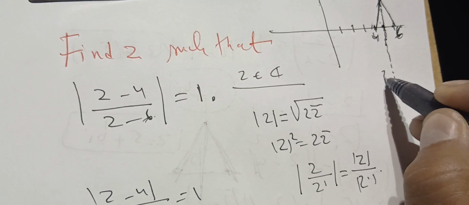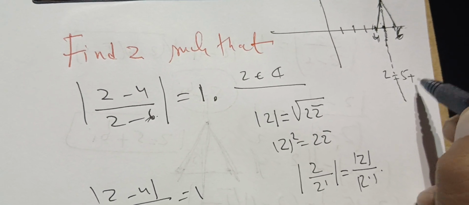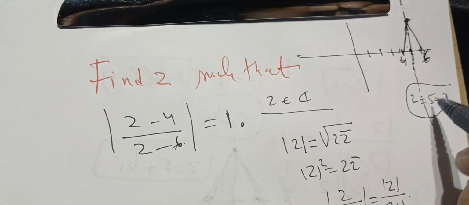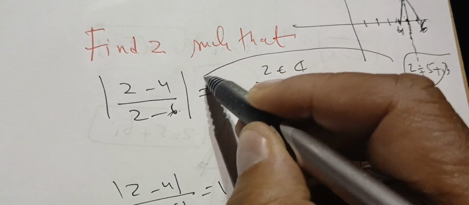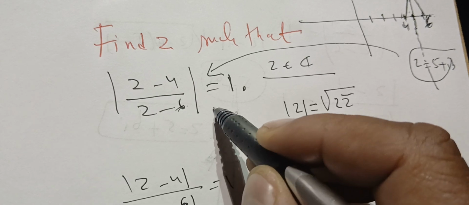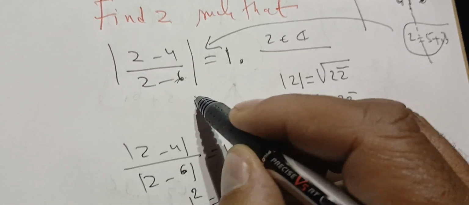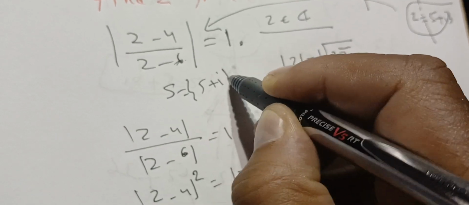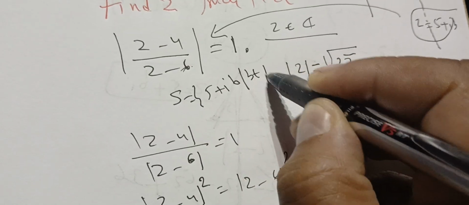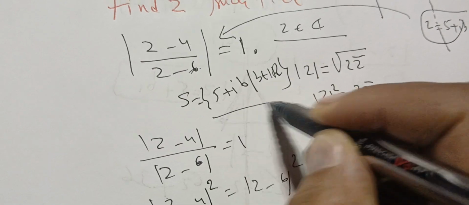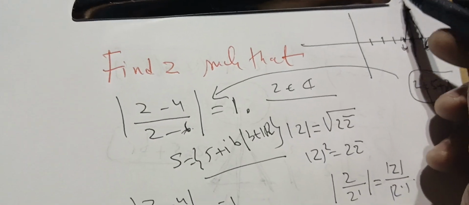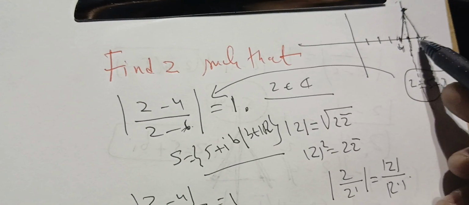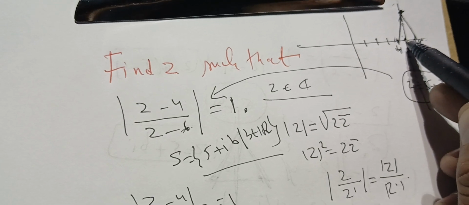So this is our z, 5 plus ib, the number that satisfies this equation. So the solution, let's write it down, S is 5 plus ib with b in R, and it's this line going through the middle of 4 and 6, going through 5.